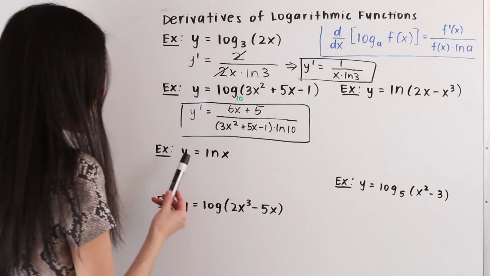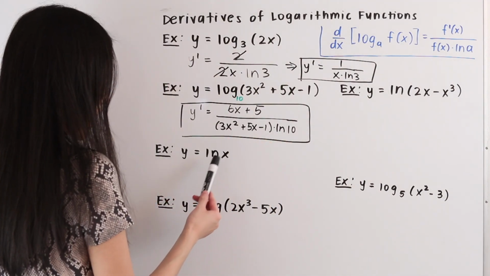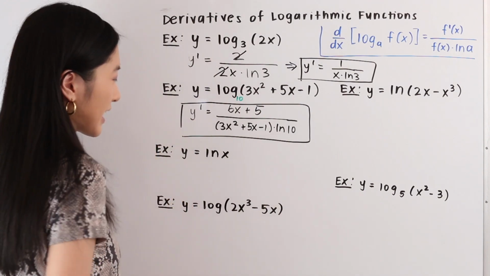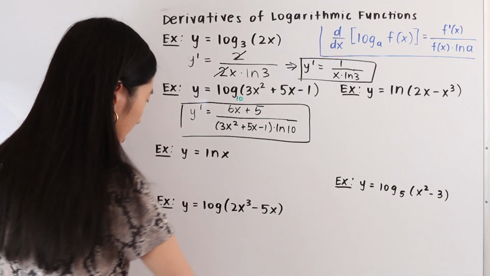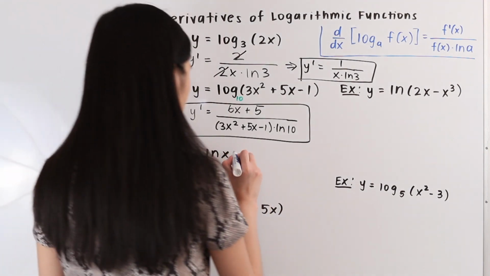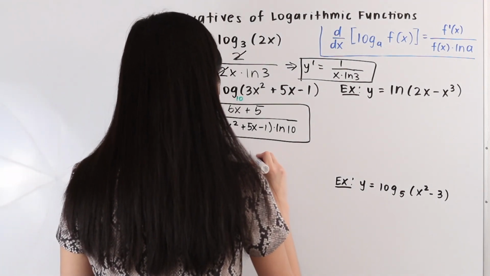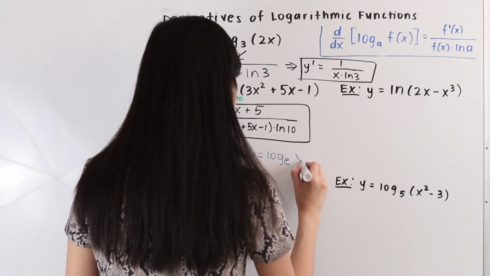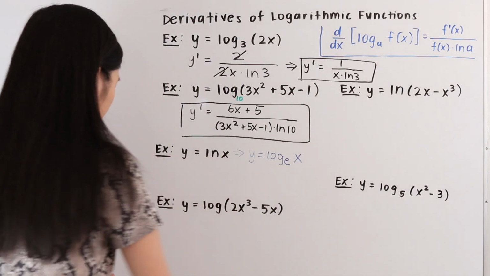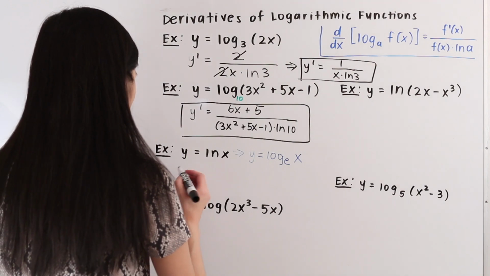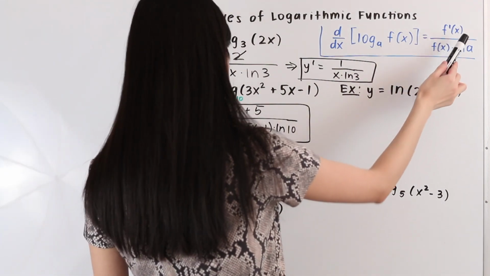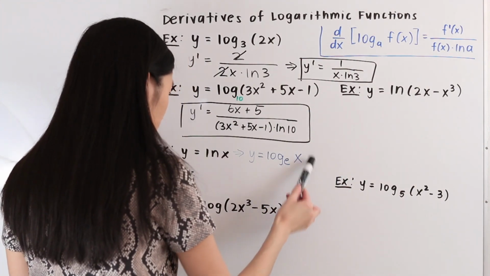In this next example here, we have y is equal to the natural log of x. And remember, when we have the natural log, that is the same thing as log base e. So we can rewrite this as follows. Okay, and now let's go ahead and take its derivative. So we have y prime is equal to f prime of x. So here f of x is equal to x.